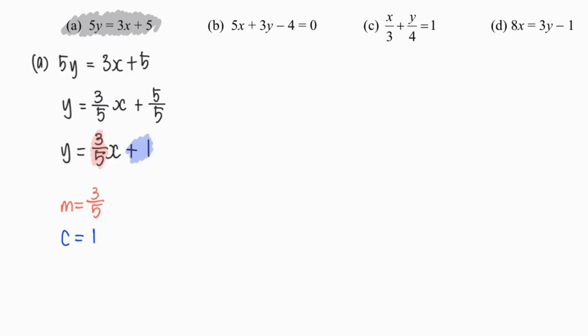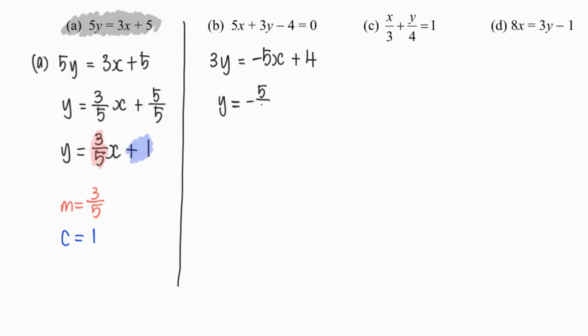So let's continue to move on to part B. Part B, need to do some algebraic manipulation. So the next step is to make sure one side only has y. So I will have negative 5x, positive 4 here, divide by 3 throughout. And from here, this is my gradient, this is my y-intercept.